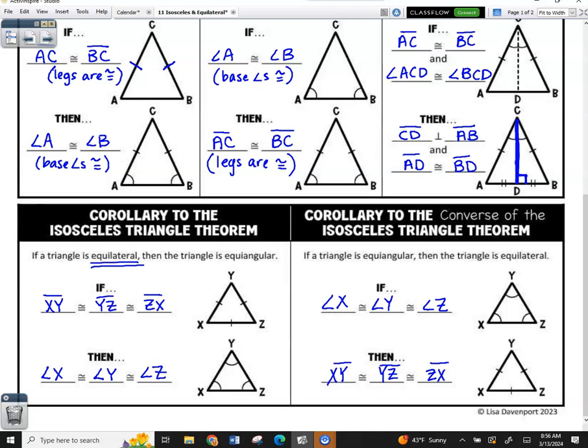I do know that the angles add up to 180. Yes. How many angles do I have? 3. I know what about the angles? What does the mark mean? They're all the same. So what would each angle have to be?